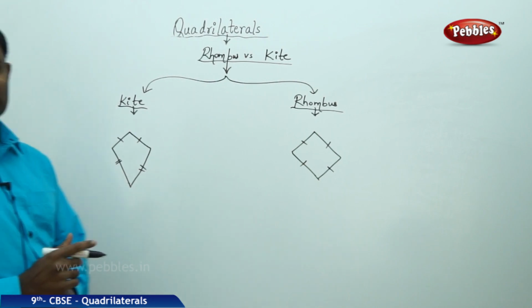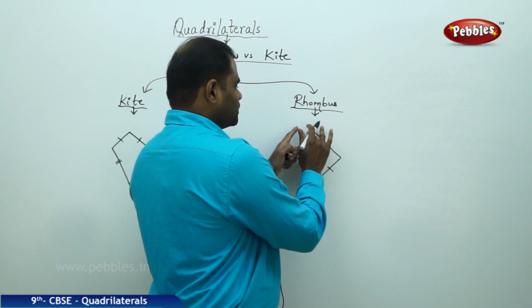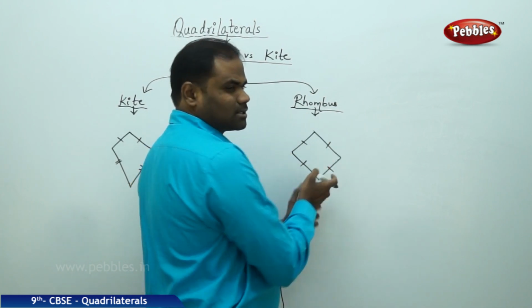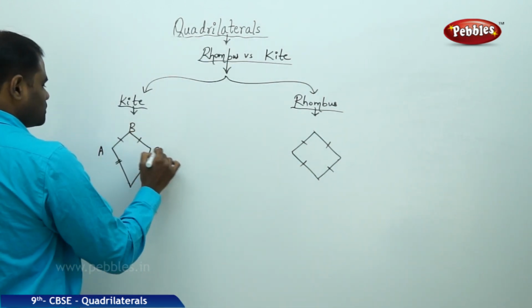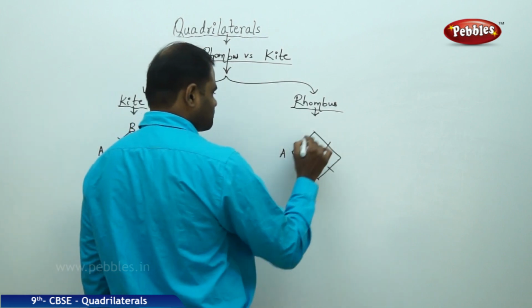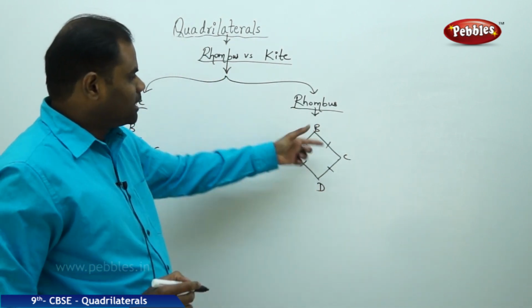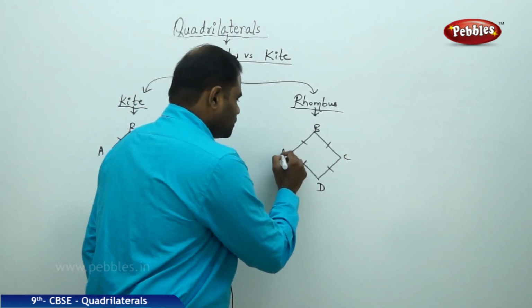This clearly satisfies that my adjacent sides, this and this, are equal. In the form A, B, C, D, my adjacent sides AB and BC are equal, and AD and DC are equal.